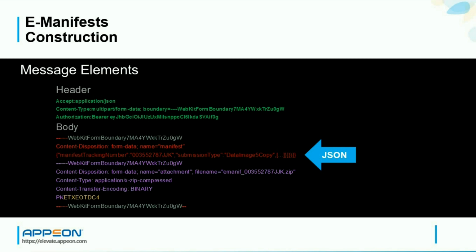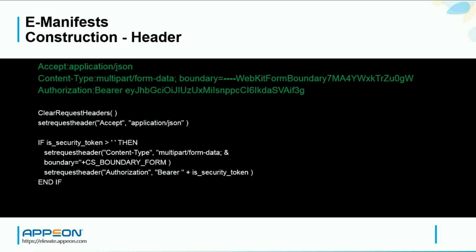Content type multi-part form data and a boundary. That's the awesome sauce. That's what we needed. And the EPA site doesn't tell us anything about how to produce that. So the boundary must start with 4 dashes plus some unique string that occurs only for the sake of boundaries. We shouldn't see this string anywhere else.